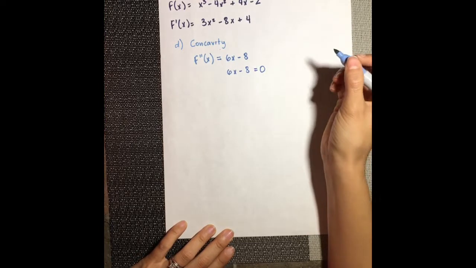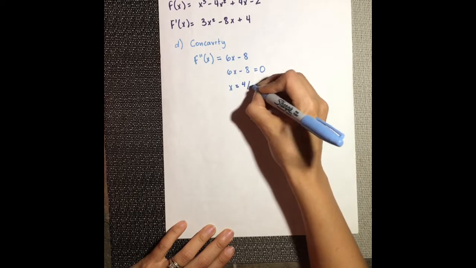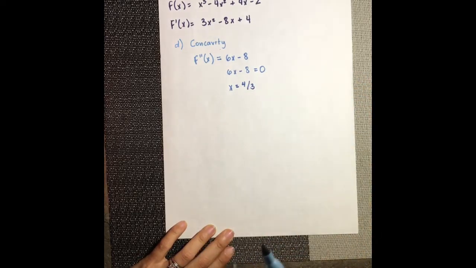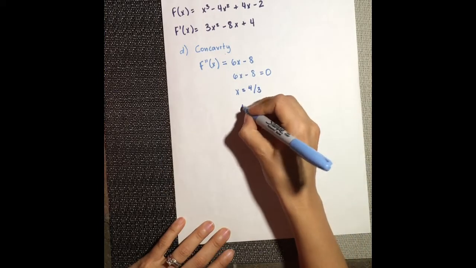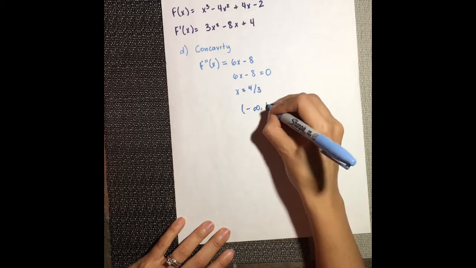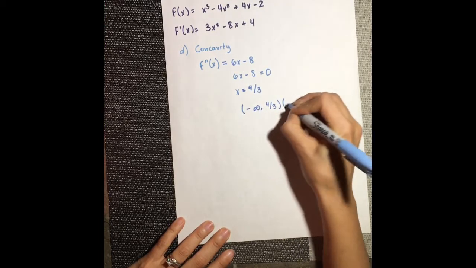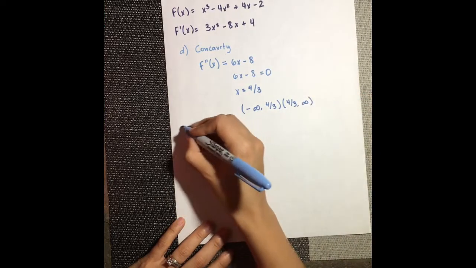And we're going to obtain a value for x, which in this case is 4/3. We're going to do something similar to what we did in the second step, and we're also going to create intervals. So we're going to write an interval from minus infinity to 4/3, and then from 4/3 to positive infinity.